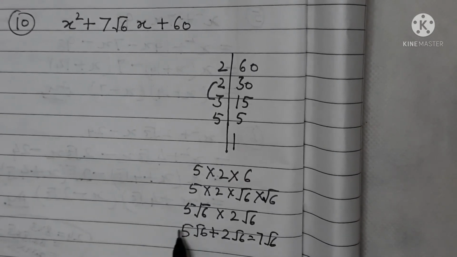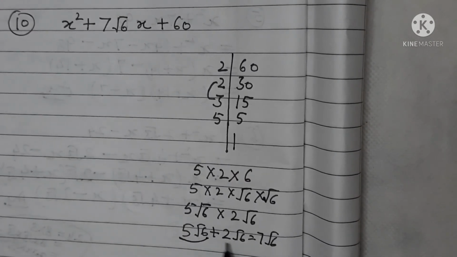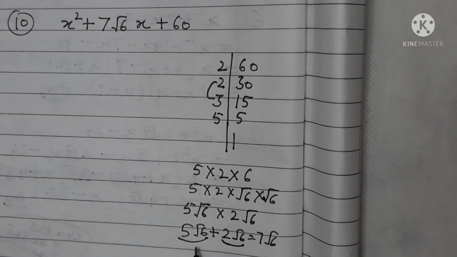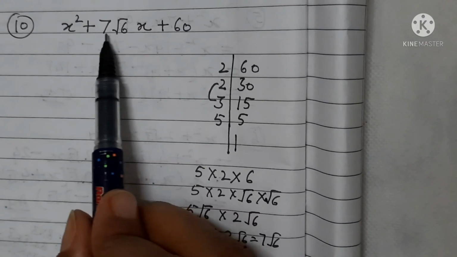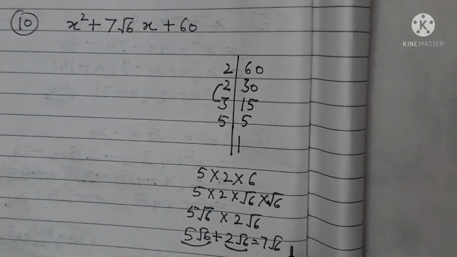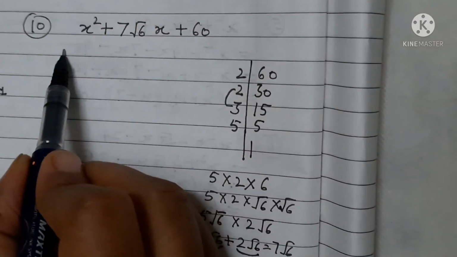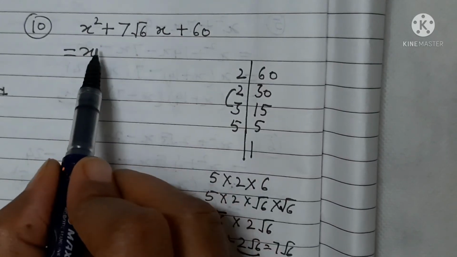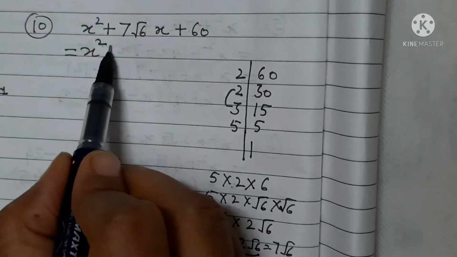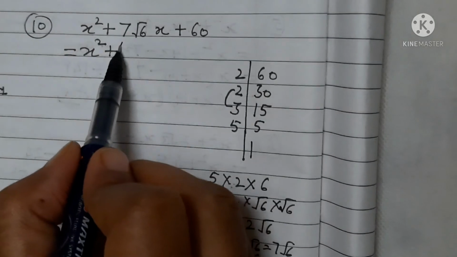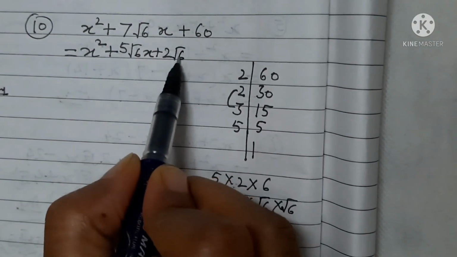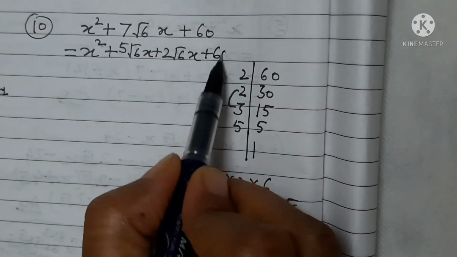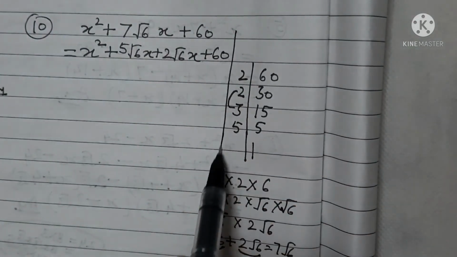It means with these two numbers you split this middle term. So put these numbers in place of 7 root 6. x square plus 5 root 6 x plus 2 root 6 x plus 60. Constant term is always written as it is.